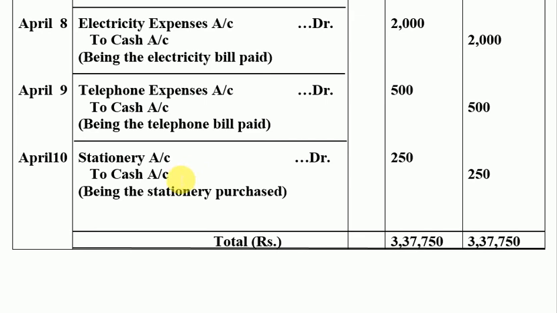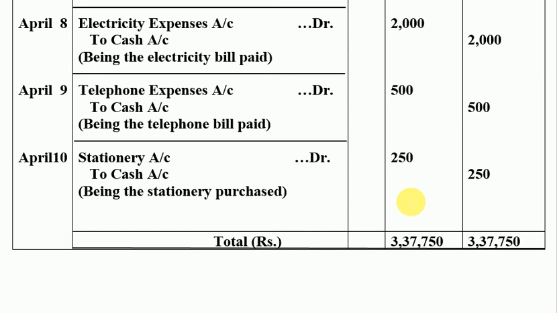Got it? That's why it is going to be recorded on the credit side to cash account 250, being stationery purchased. Clear?